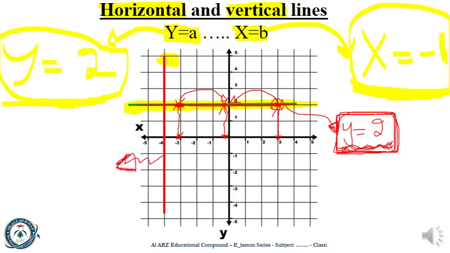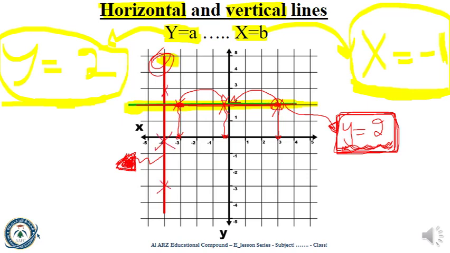Now, talking about this line in red, the vertical one. The horizontal one had something special, that all the points had the same ordinates, right? Can you find something also special in this vertical line?